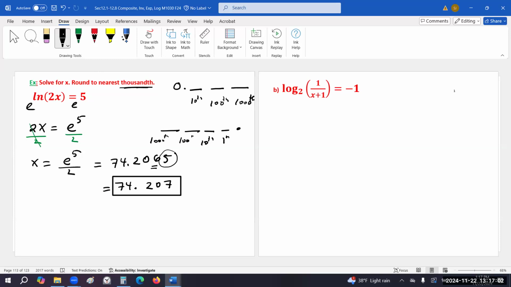Make it an exponential. Exactly. The way I remember is like a cycle. We start from the base. Base gets that as a power. Whatever we get, we set that equal to the argument.